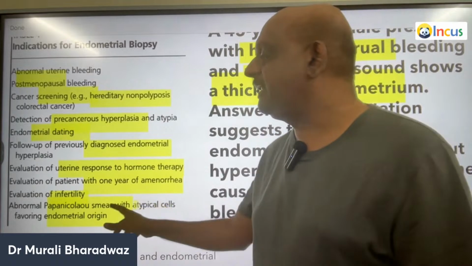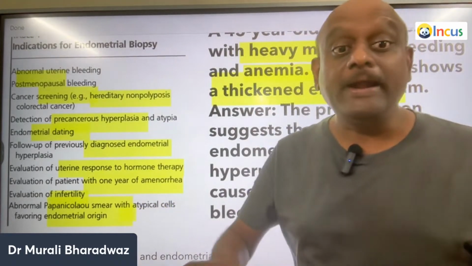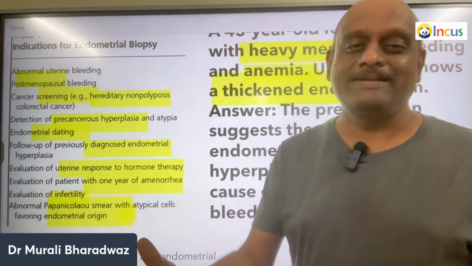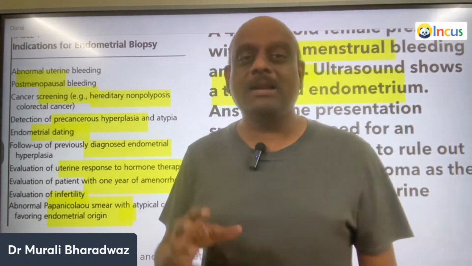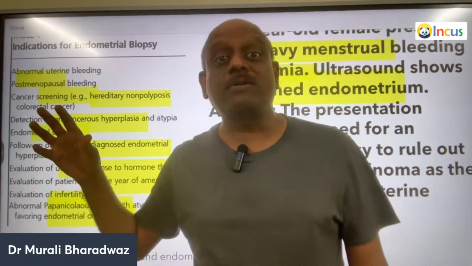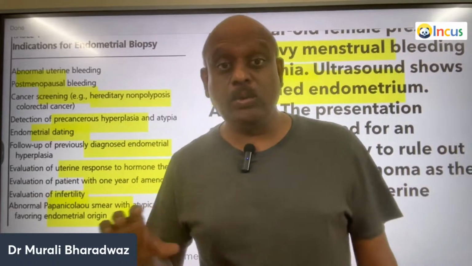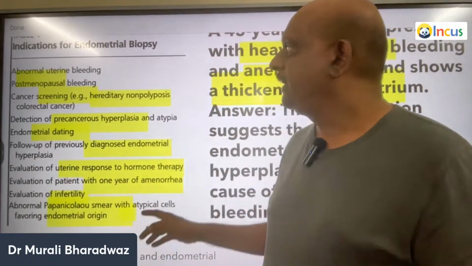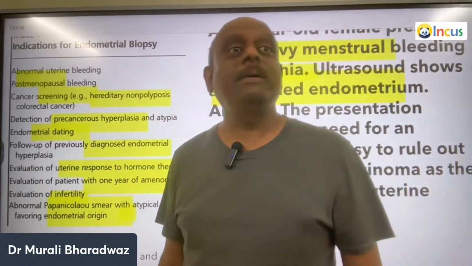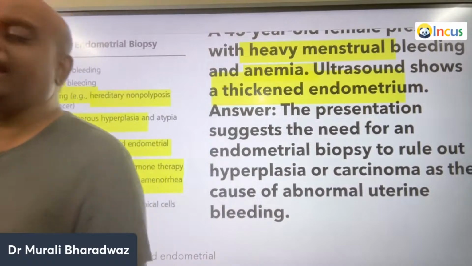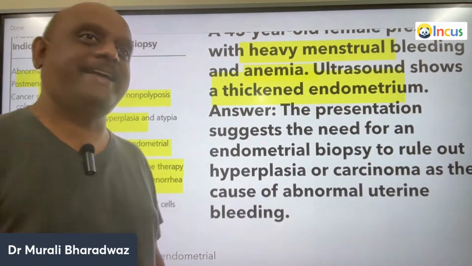Smear with atypical cells which are favoring the endometrial origin. They are called as atypical glandular cells of unknown significance. It's called AGUS. You need to remember it is an indication for endometrial biopsy.